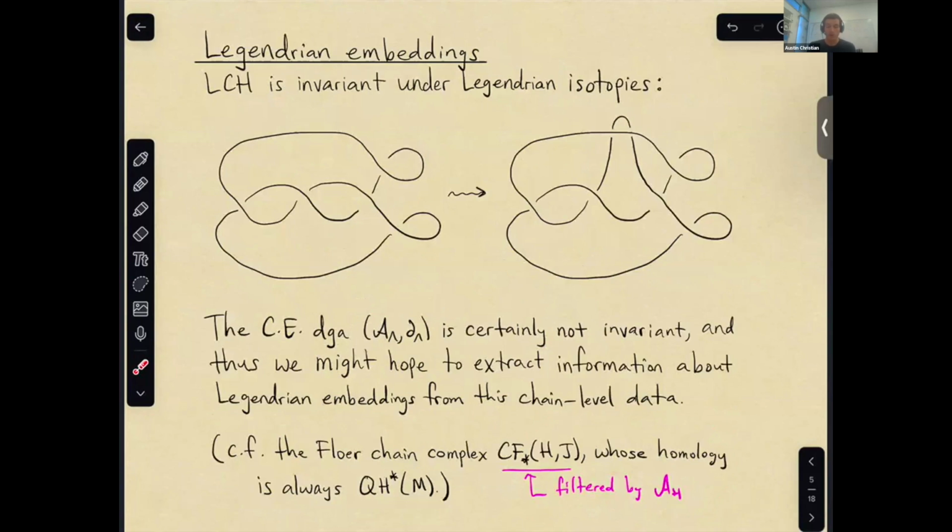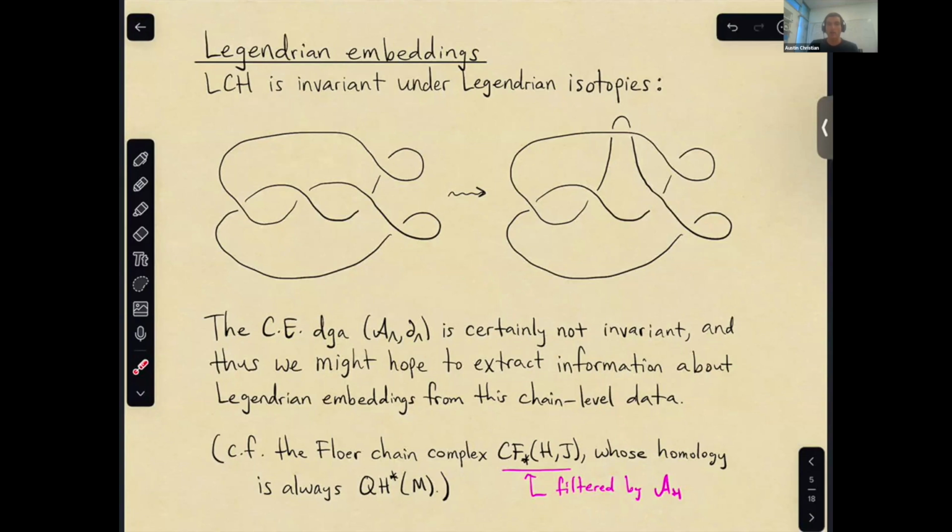But what we want to think about in this RU project is when you do a Legendrian isotopy, by construction, you're not supposed to change the Legendrian contact homology. So here's a Reidemeister move in the Lagrangian projection, which actually can be realized. But this will certainly change the Chekanov-Eliashberg DGA.